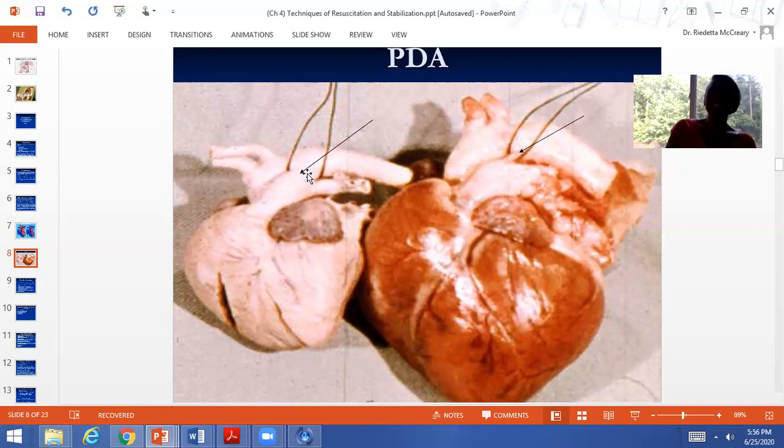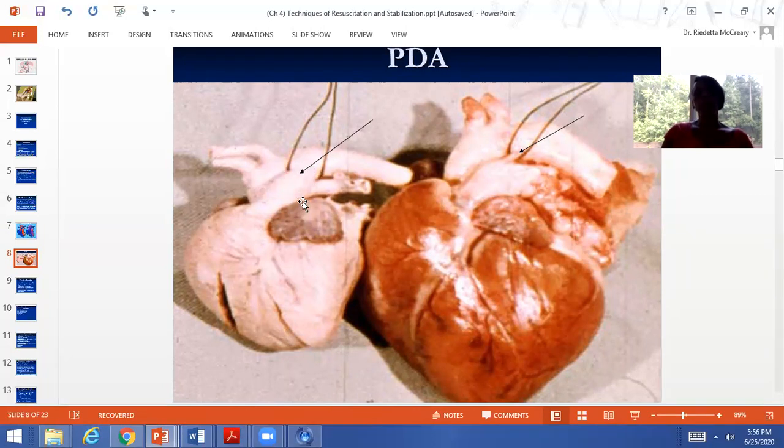But the ductus arteriosus is patent or dilated here, as you can see, the wideness from one side to the other. They just took a rope here and are trying to show you the walls of that ductus arteriosus.